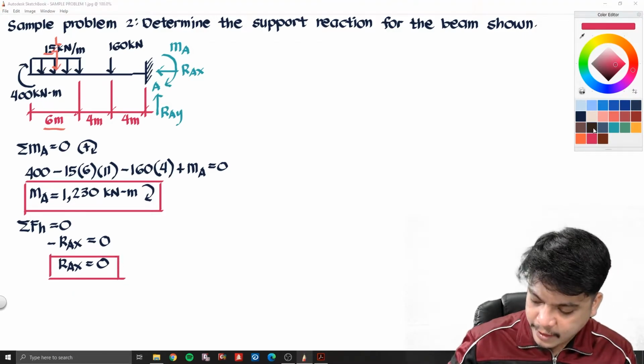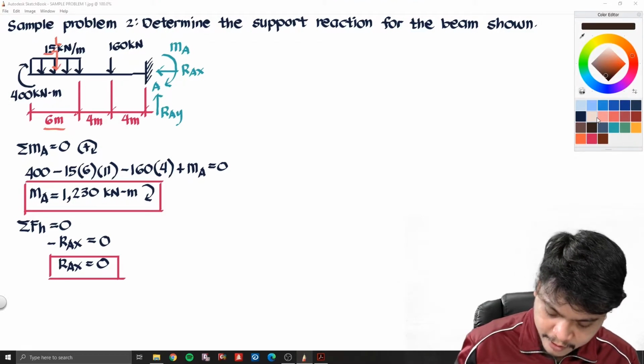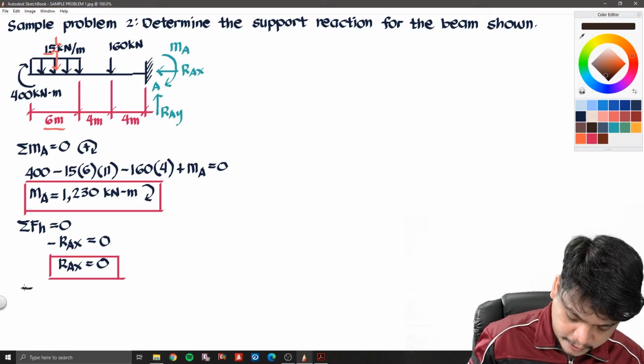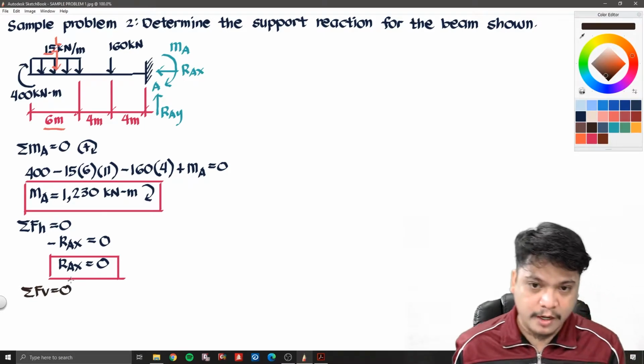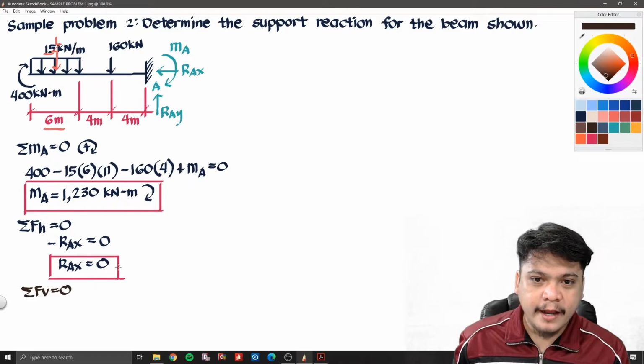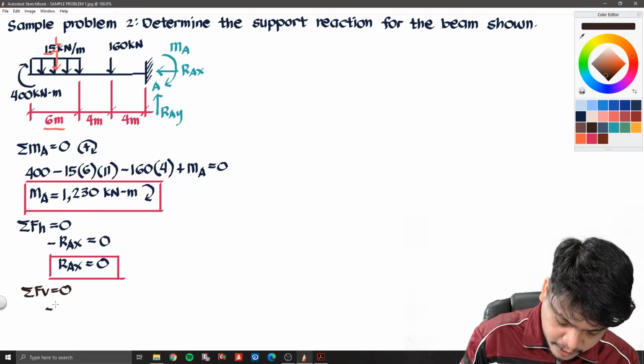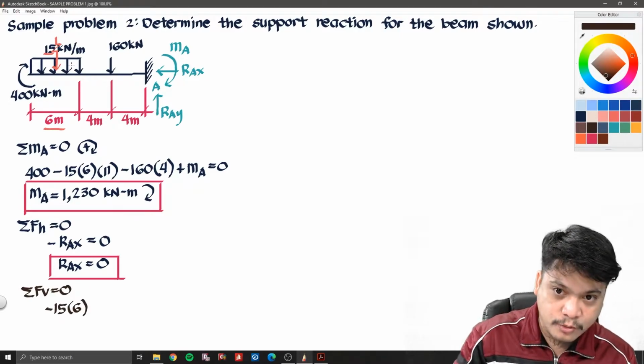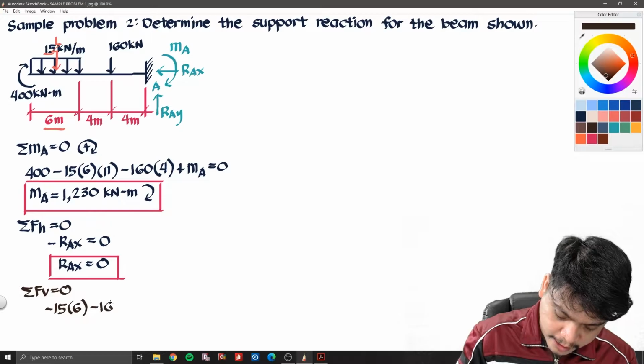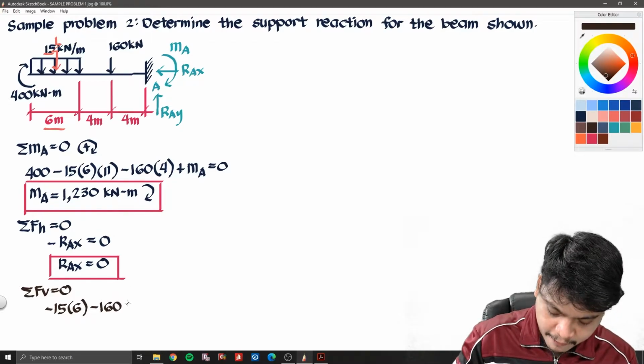Okay? And then, we can also have here the summation of forces vertical. So, I have here summation of forces vertical, and that would become equal to 0. Okay? And we will be having here negative 15 multiplied by 6 as the resultant of this one. So, minus 160, and then I will have here plus the RAY.